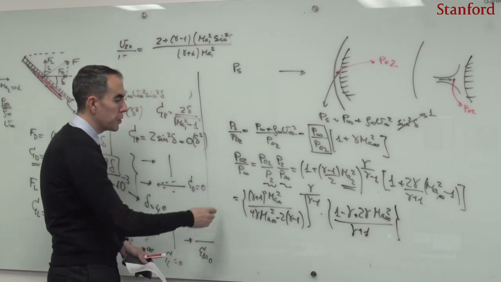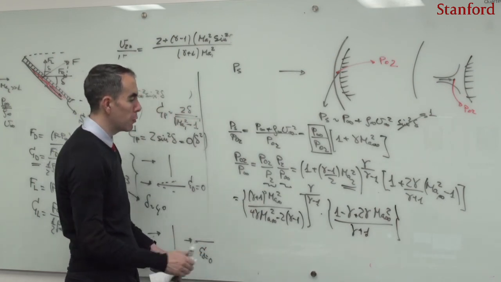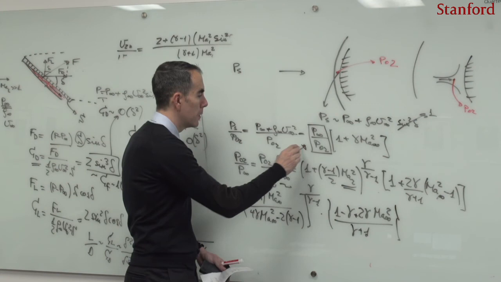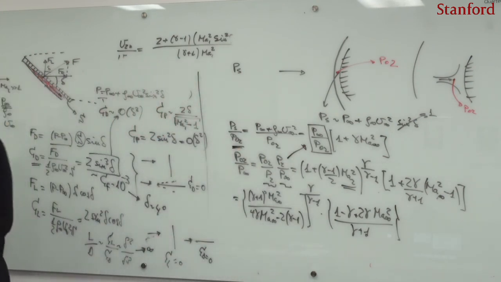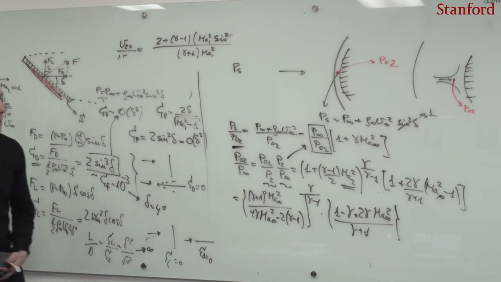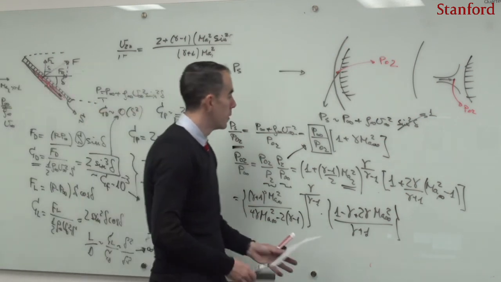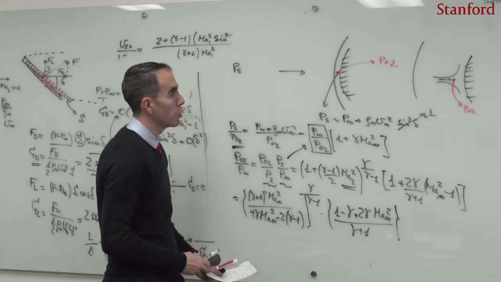This ratio is a function of gamma, so one can substitute it here and obtain an expression for the pressure Ps divided by P infinity, by the stagnation pressure in the post-shock gas.